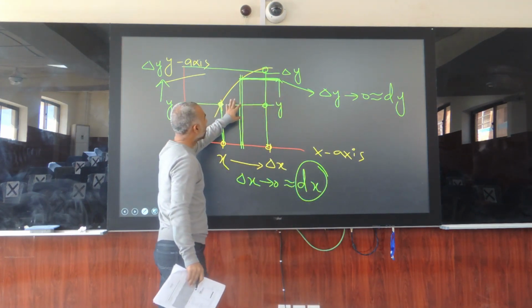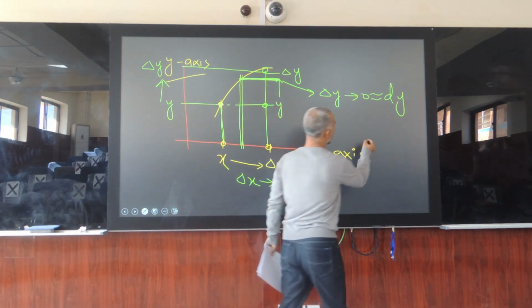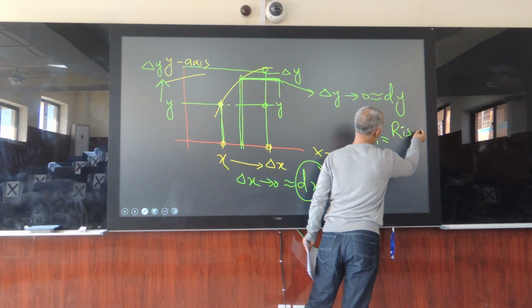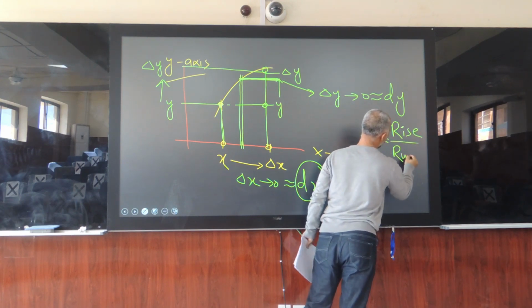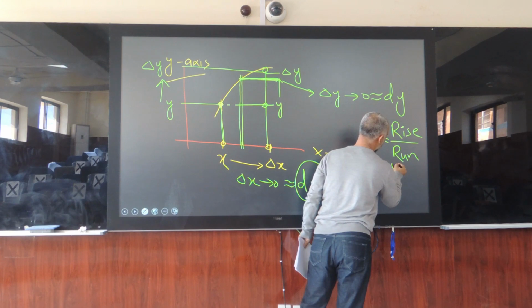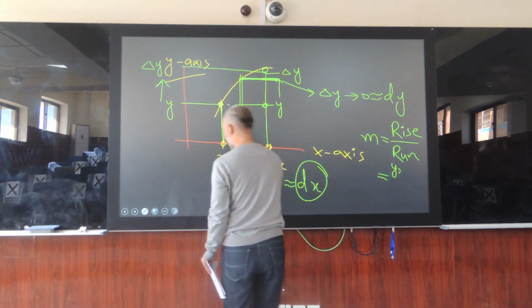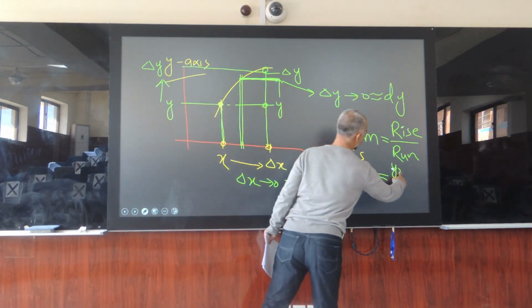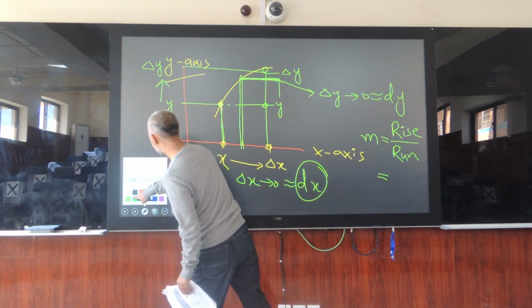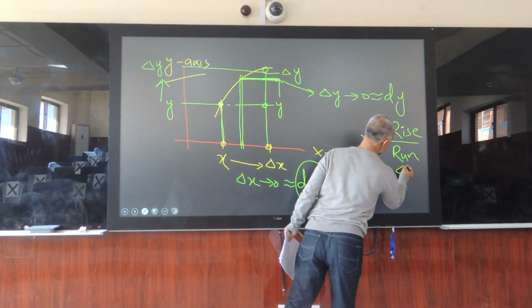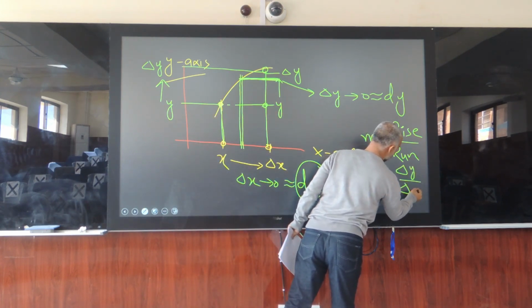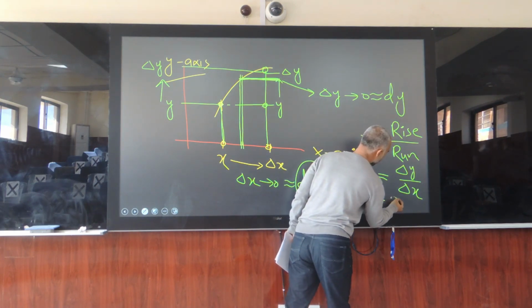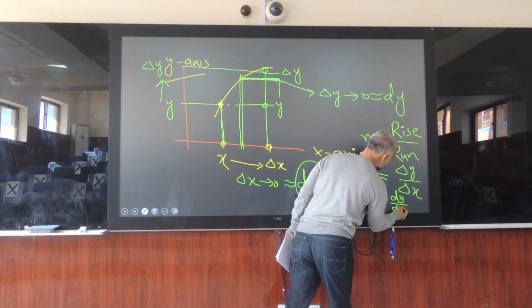So the ratio, you can say, is the ratio of a slope, rise over run, that is delta y over delta x, which on applying the limit becomes dy over dx.